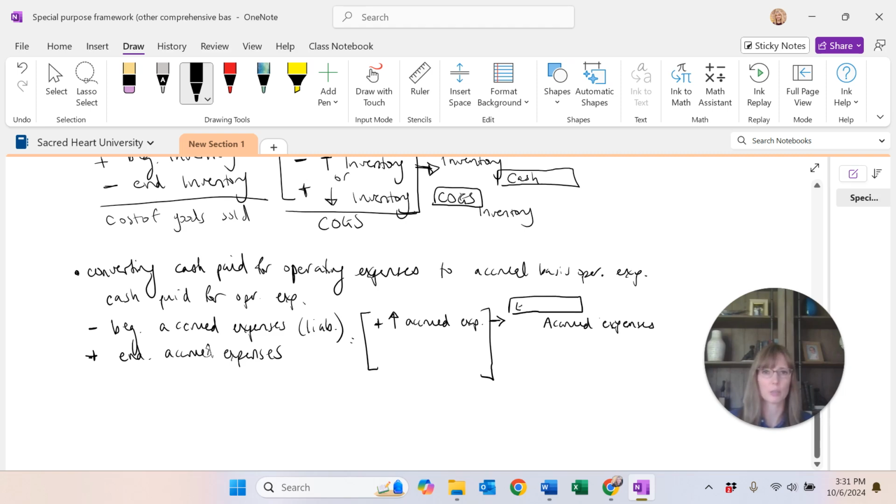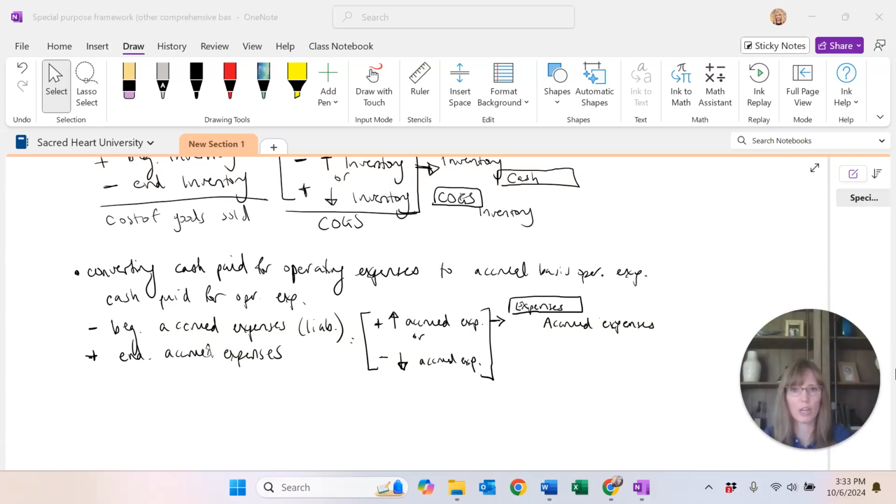We must have had an expense that was recorded, like salaries and wages expense, interest expense, income tax expense. And now we owe that amount. So it's not captured in the cash paid, but we did incur it, so we need to add it to get to our operating expenses. So add the increase or subtract the decrease in accrued expenses.